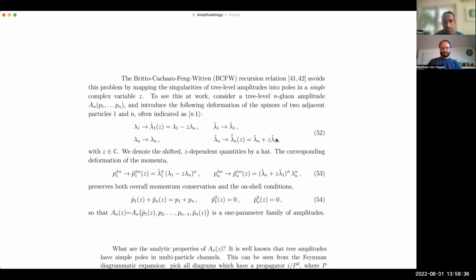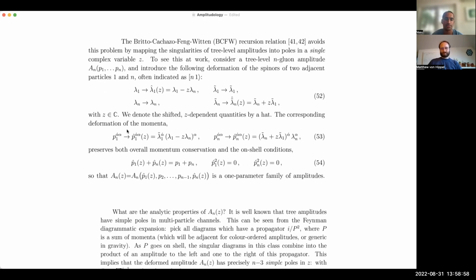Here, this is an additive deformation. You take some complex number, subtract off lambda n times z from lambda 1, and then add lambda tilde 1 times z to lambda tilde n. Cool.